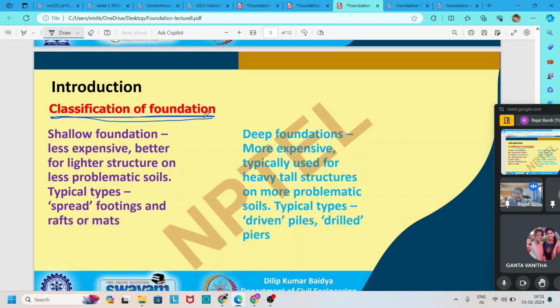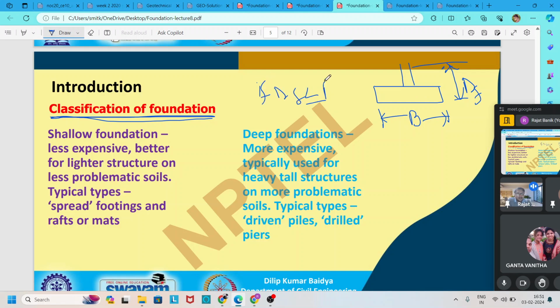Here I am doing one isolated, or we can say spread footing, and the width of the foundation we say B, and the depth of the foundation from the ground surface is Df. If the depth of the foundation is less than or equal to the width of the foundation, then it is called a shallow foundation, and if not, then it is called a deep foundation.